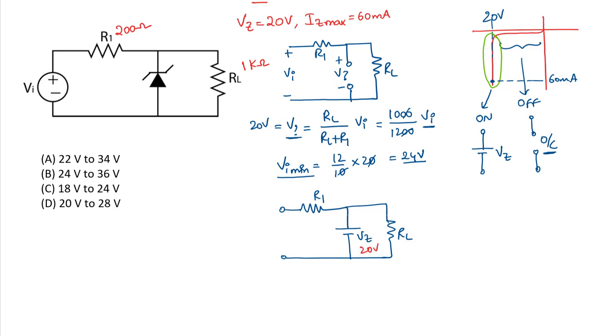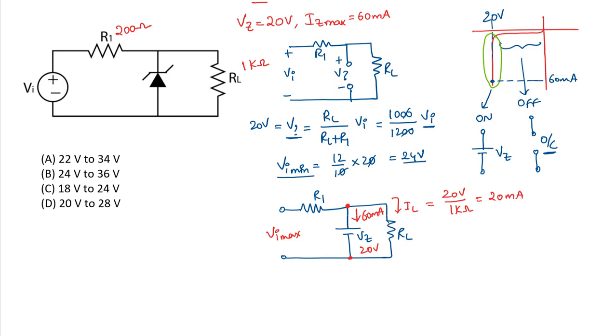We apply the maximum input voltage at which the current flowing through the Zener diode is equal to 60 milliamperes. We can figure out the current flowing through the load resistor, because the voltage across the Zener diode would be 20 volts, hence the voltage across the load resistor would also be 20 volts. So the current flowing through the load resistor, IL, will be equal to 20 volts divided by 1 kilo ohms, which is RL. So this will be 20 milliamperes.